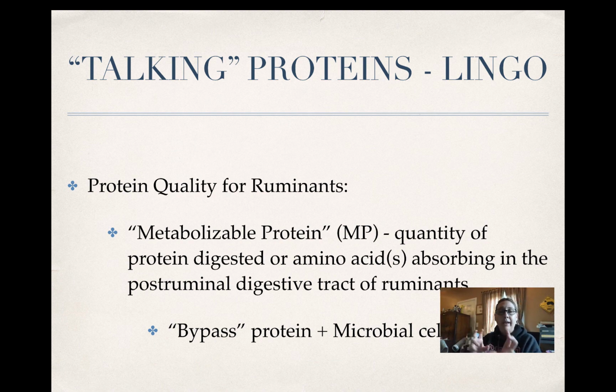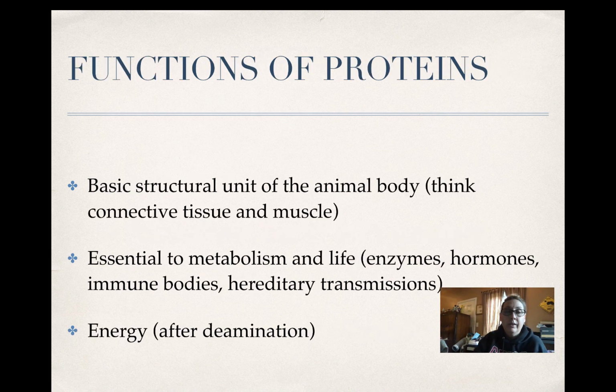And so we have two pools, and we're going to define that a little bit later when we get into digestion and absorption of proteins by the ruminant animal. All right, that gets us some basic terms that, as we start talking about protein utilization, we need to have in the back of our mind.